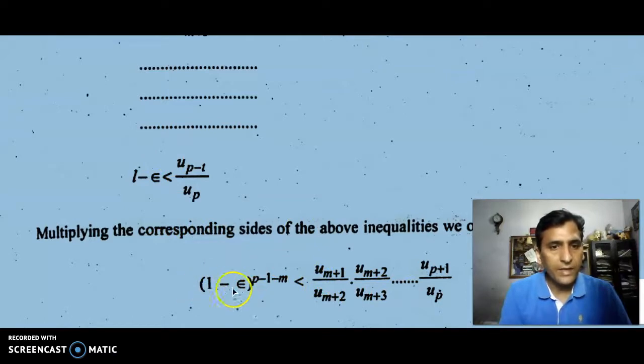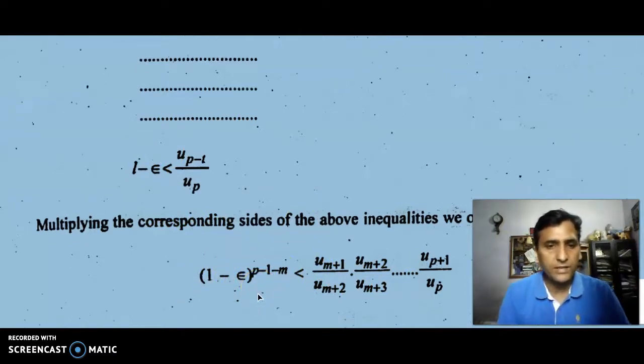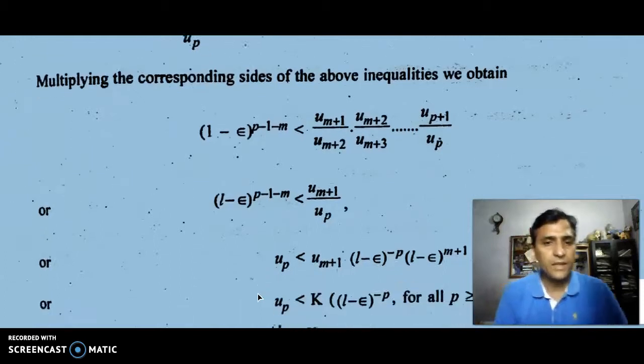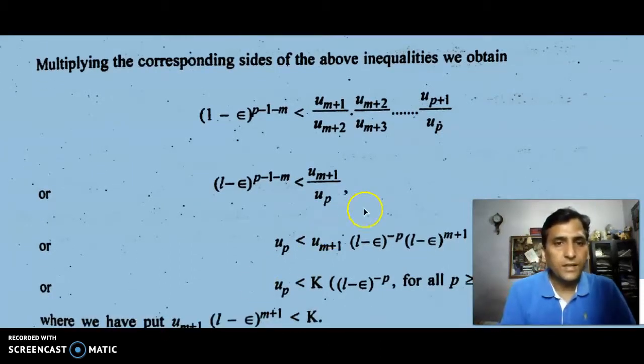So we get L minus epsilon raised to the power p minus 1 minus m times. Then we can see that the intermediate terms cancel out; the first term remains and the last term remains, and all other terms cancel. You can see it by simple calculation. Then I cross multiply and get up on this side and bring the other term to the other side, changing signs.